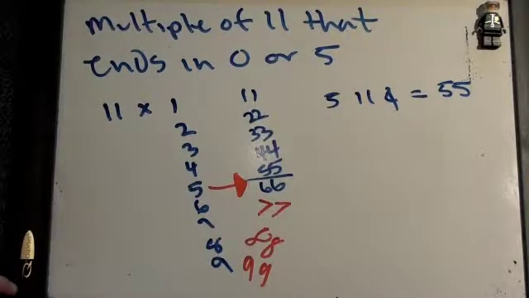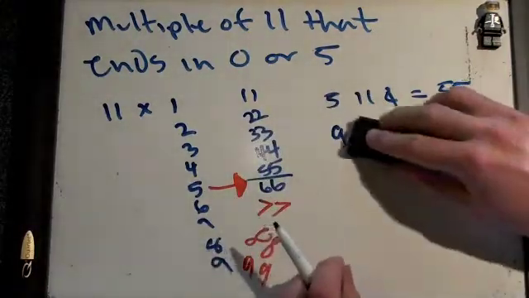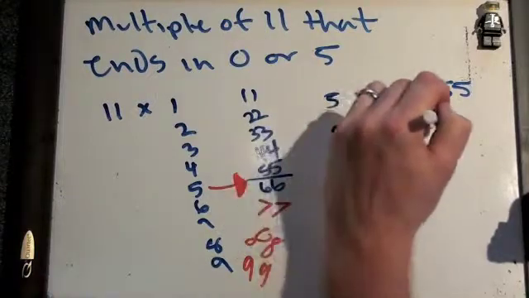What's 100 minus 55? 45. What's 45 divided by 5? 9. So we bought 5 11-cent toys and 9 5-cent toys.